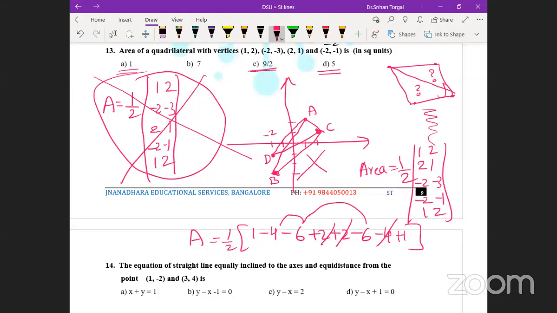Correct. -12, -12, -4, -16 +2, -16 +2, 14. See here. Answer is 7.